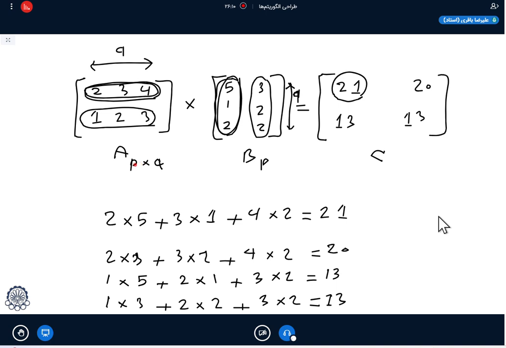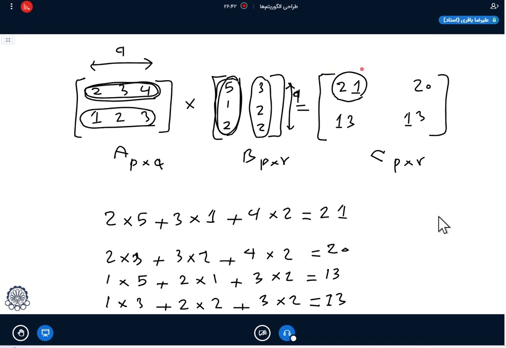If A is P multiplied by Q, the number of rows is P and the number of columns is Q. B has Q rows and R columns. C will be P multiplied by R, has P rows and R columns.